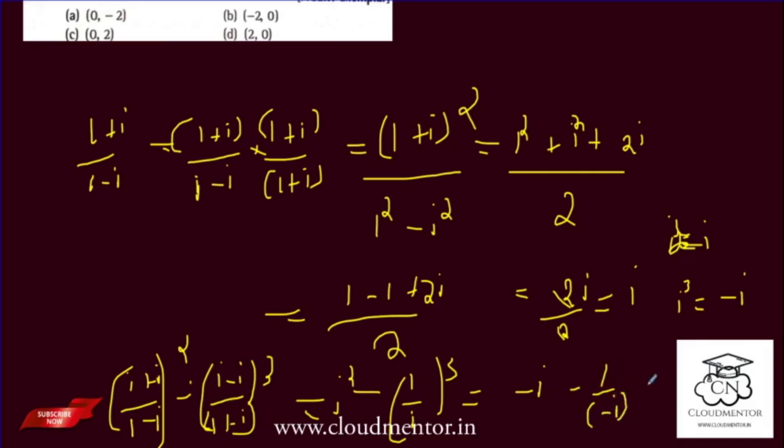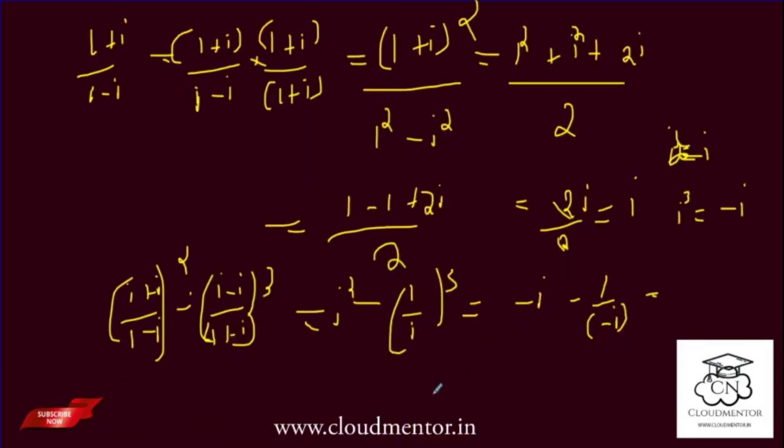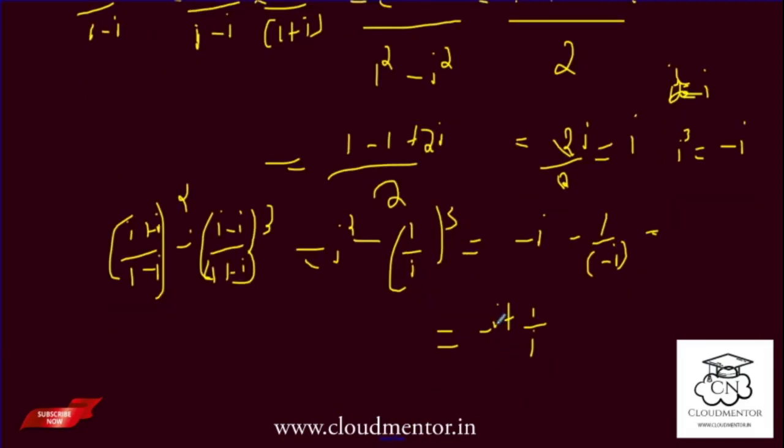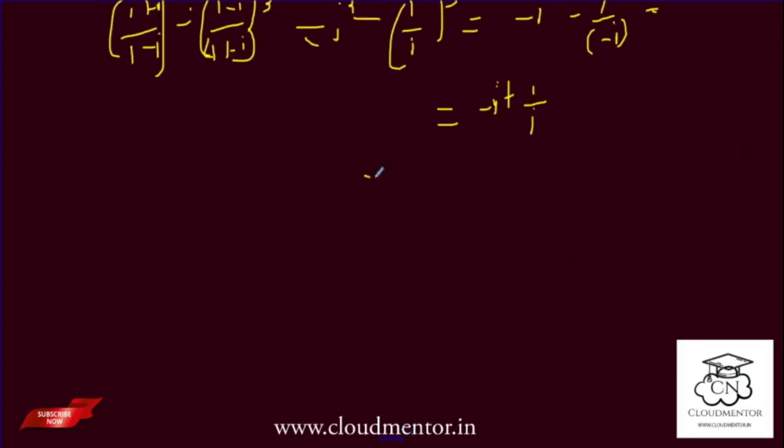So that will be equal to minus i plus 1 by i, and I have to simplify this i, and I don't like these i's, so I'm going to write it as minus i plus 1 by i multiplied by i by i.